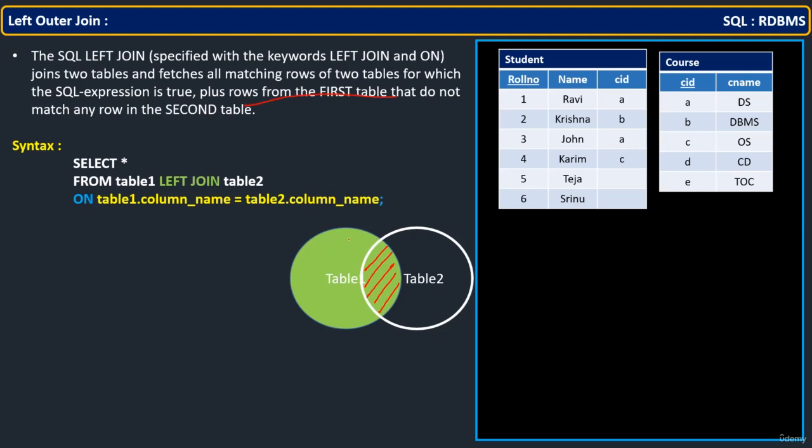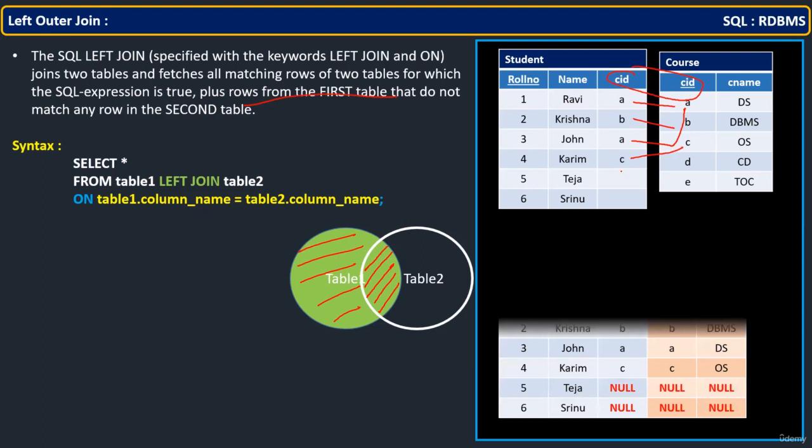So this part also comes, the rows which are not satisfied. Suppose on student and course you apply the left join on the column CID, then this is satisfying here B, here this one and this one. You can see that in the output.